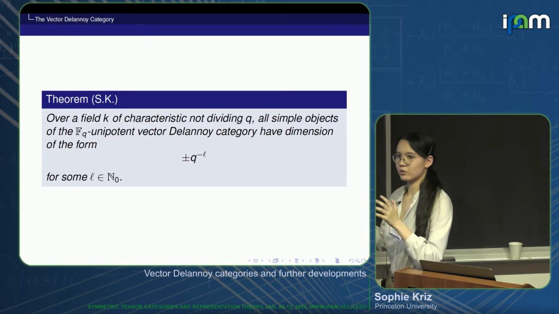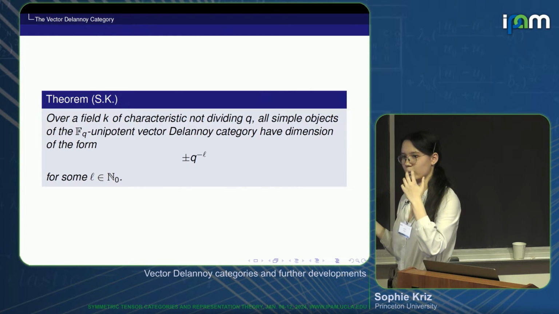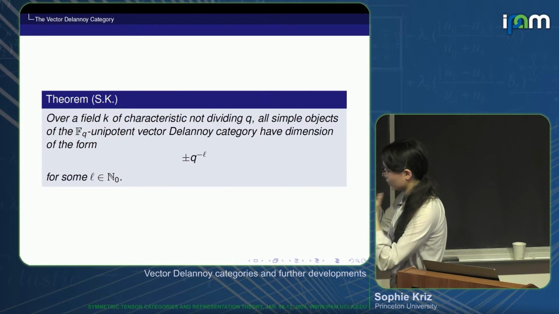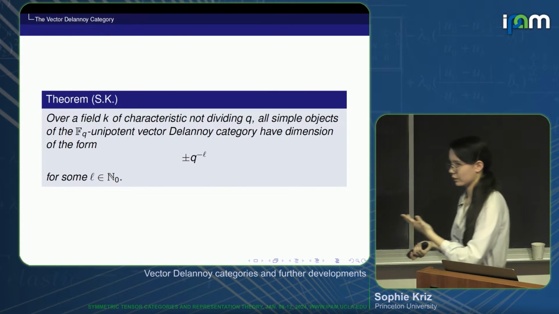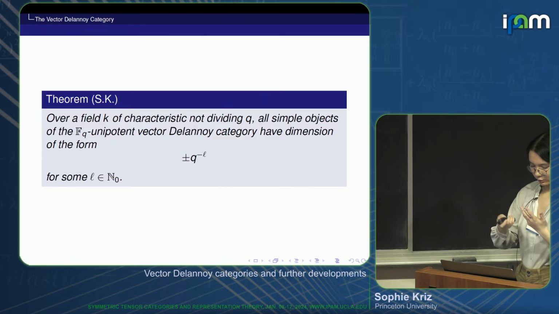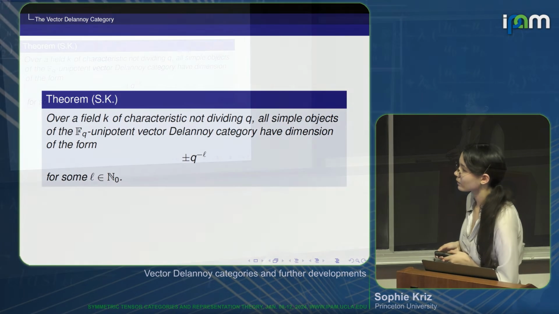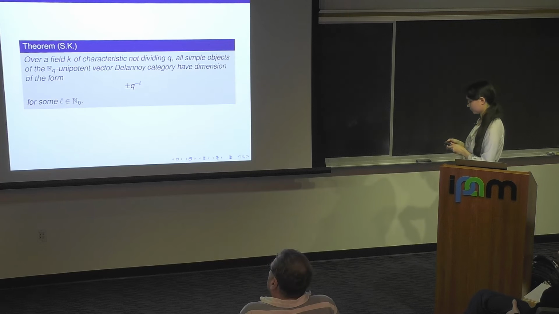So again, this is very similar to the result which Noah was talking about earlier, that the simple objects of the Delannoy category just have dimension plus or minus 1. But here the L will depend on the simple object.